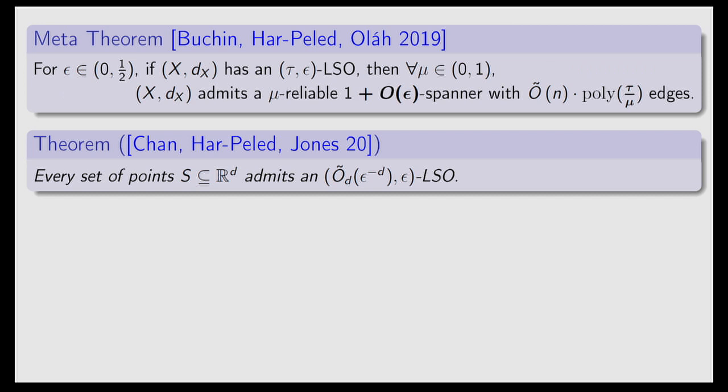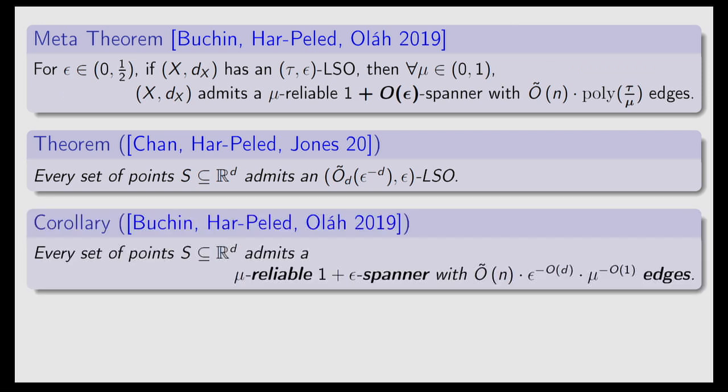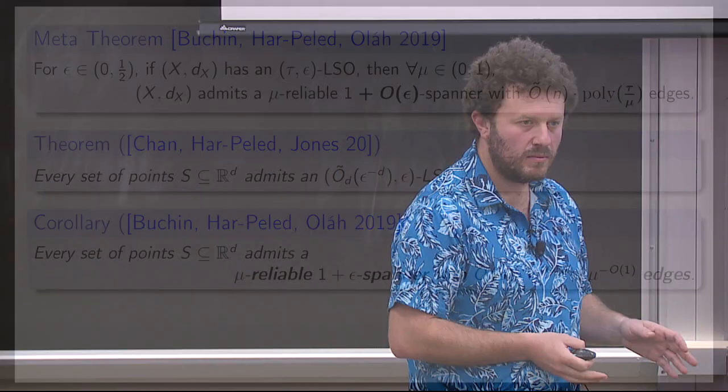And if you plug in the result by Chan and Lau, then you get a Euclidean mu reliable spanner with stretch 1 plus epsilon, a number of edges being linear in n times epsilon to the minus d, times some polynomial dependence on this reliability parameter. So just to note, without any reliability, Euclidean spanners have stretch 1 plus epsilon, the number of edges being n times epsilon to the minus d. So you really don't lose anything significant here, and you get this reliability guarantee.